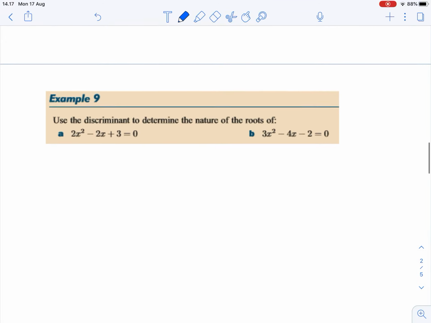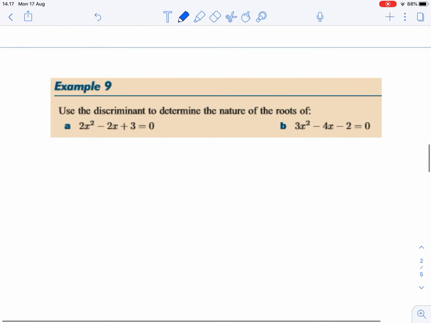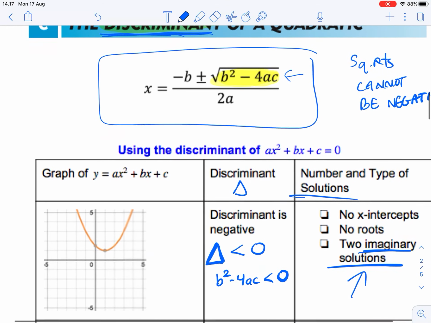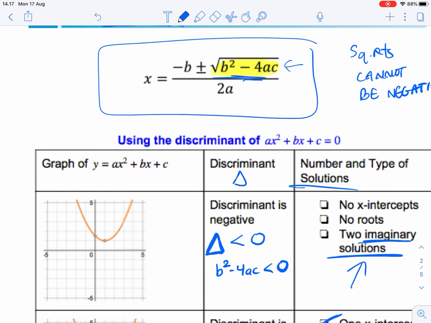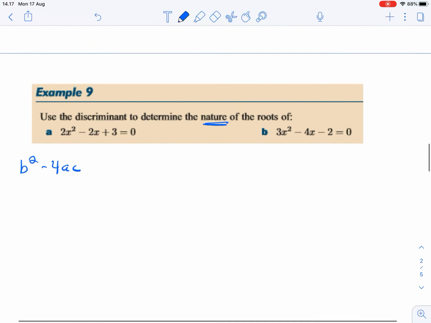Okay, so using what we just learned, let's determine the nature of the roots, just the nature, not the actual roots, just by looking at the discriminant. Remember, the discriminant is b squared minus 4ac. It is this part of the quadratic formula. So I have a equals 2, b equals negative 2, c equals 3.